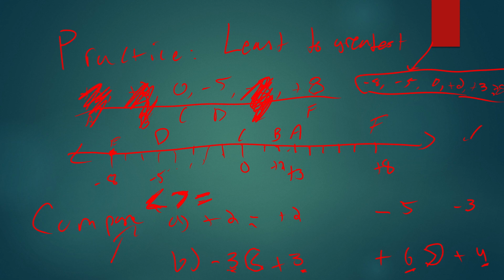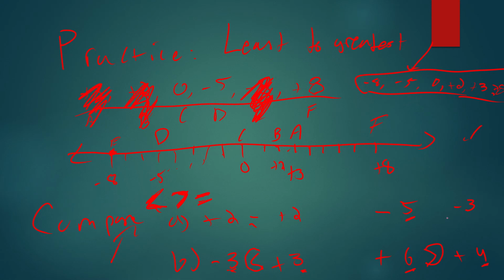Now the tricky one. Two negatives. All right, Mr. S, technically 5 is a larger number. Absolutely. However, what happens here is that negative 5 is actually a smaller number because it's farther away from 0. The closer it is to 0 in the positives, the larger a number.